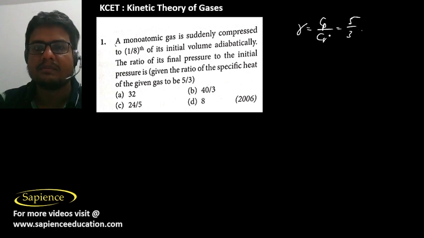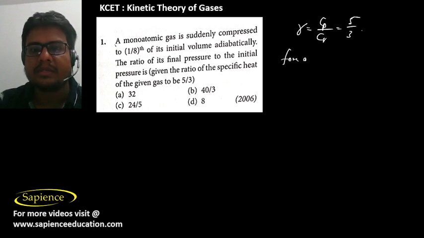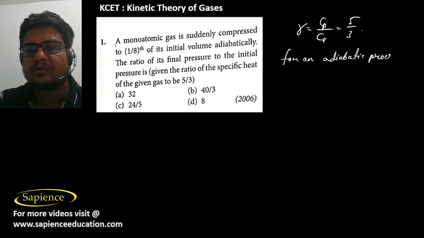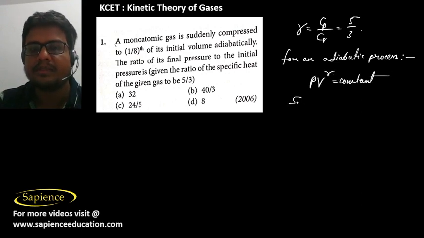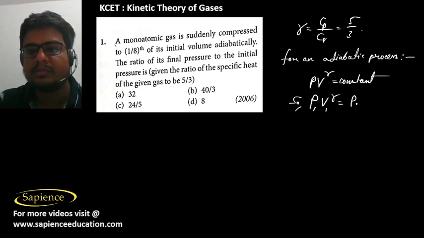And for an adiabatic process, we should have PV^gamma equal to constant. So it means P1 V1^gamma is equal to P2 V2^gamma.